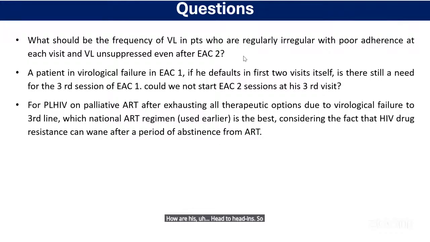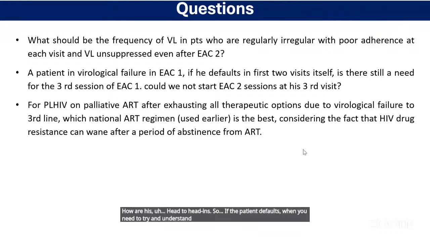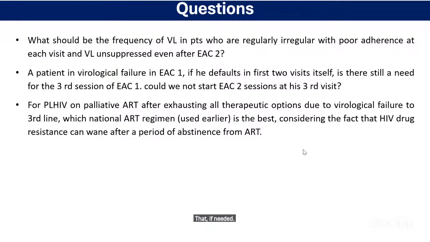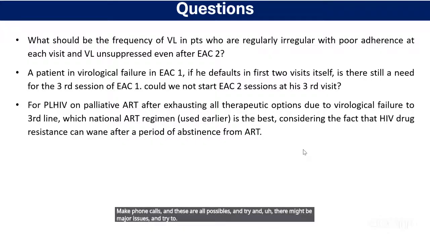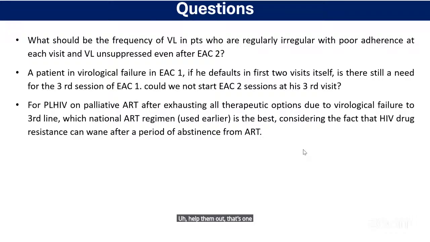So if the patient defaults, we need to try and understand why the patient defaults. If needed, you need to think out of the box. Like it was mentioned in the presentation, one can go to the CSC, pay home visits, make phone calls, and these are all possible. There might be major issues, and try to help them out. That's one issue.